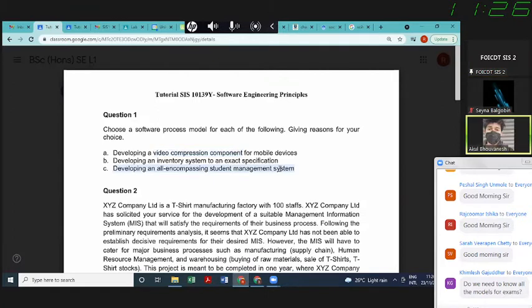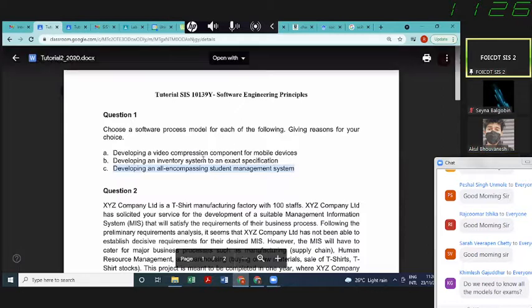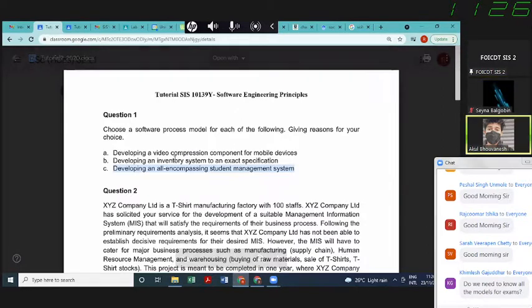For part B, can we use the V&V software model? Yes, you can use it. And your justification would be what?